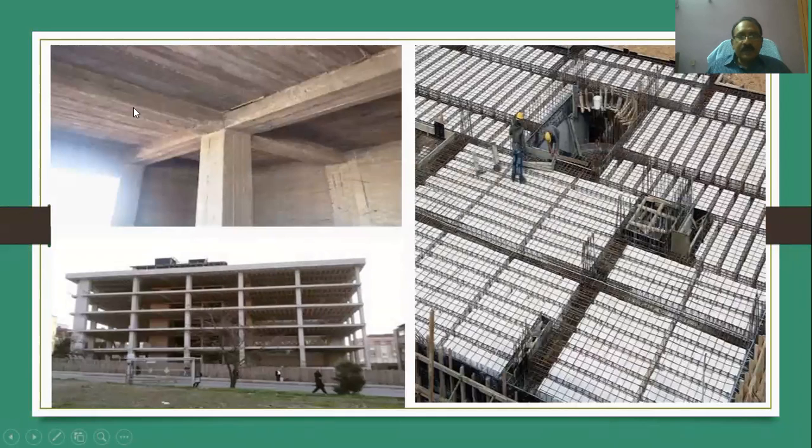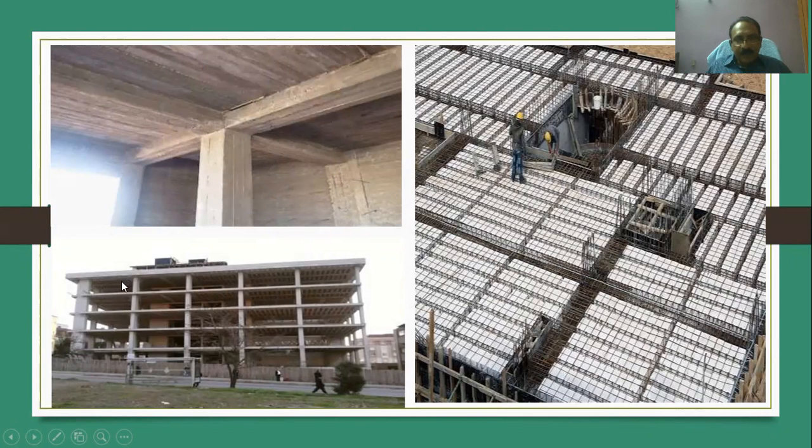See, you will see this is one of the building framed structures, consisting of columns connected with beams and slabs. This is a slab with beams and columns. This is one type of frame structure.